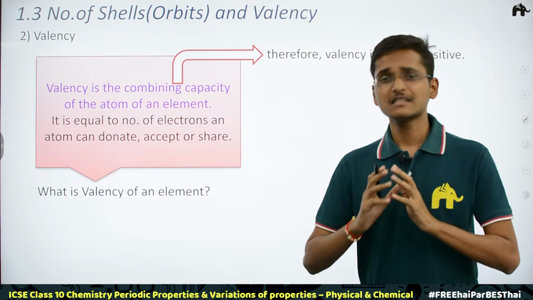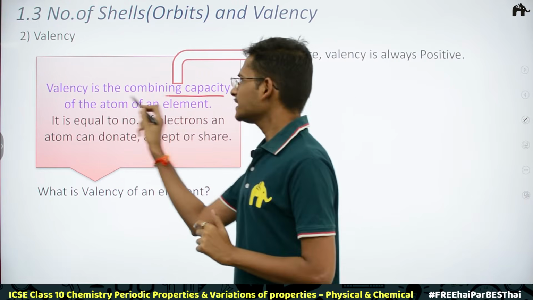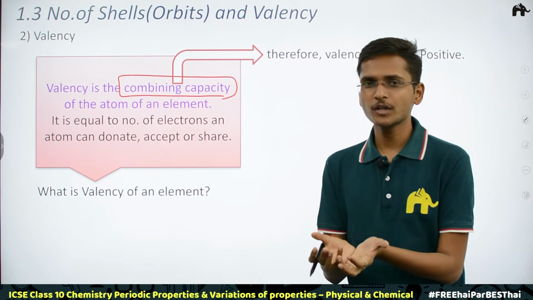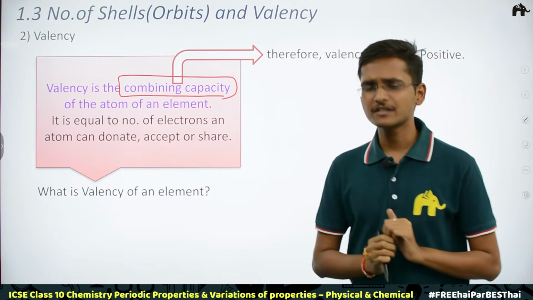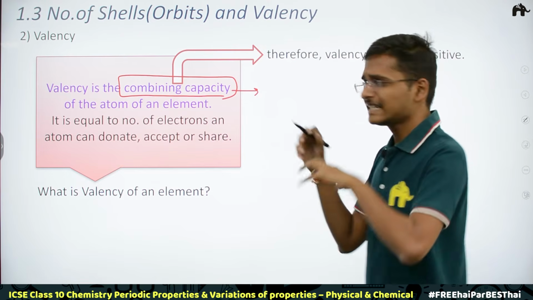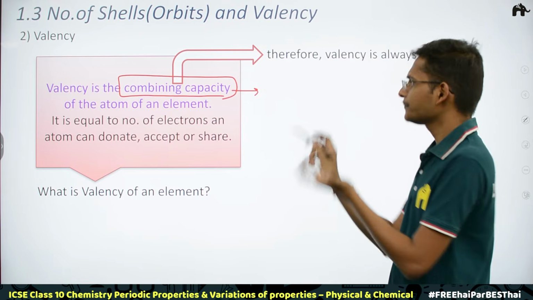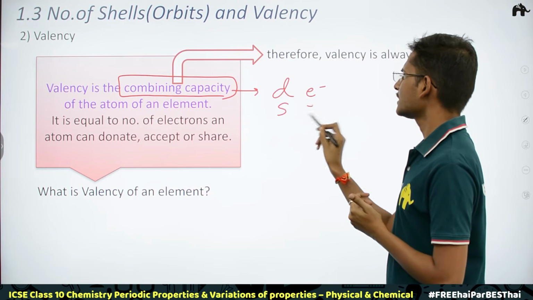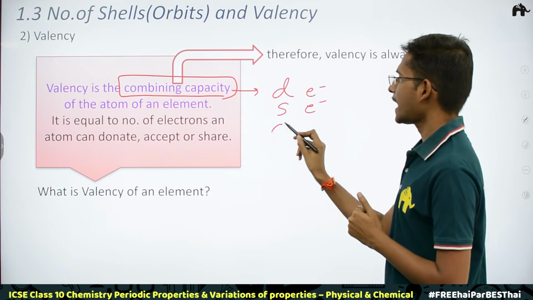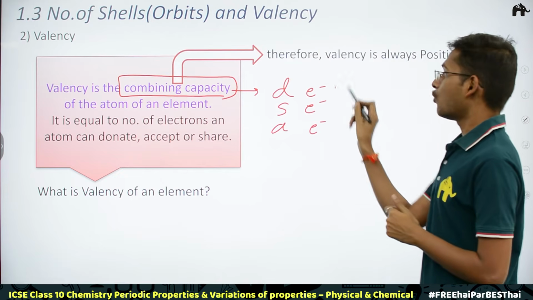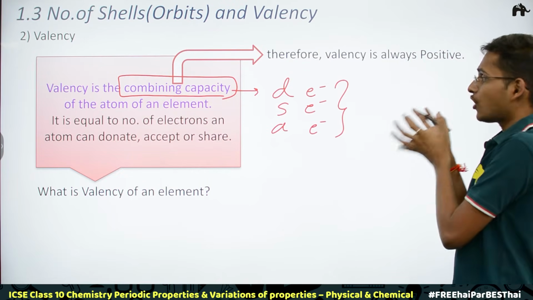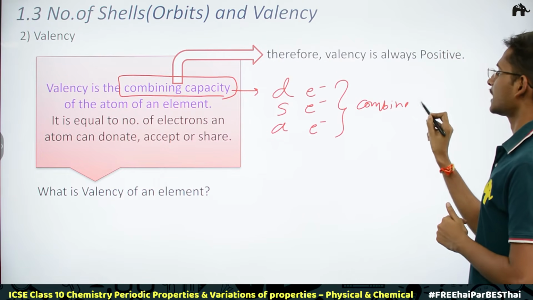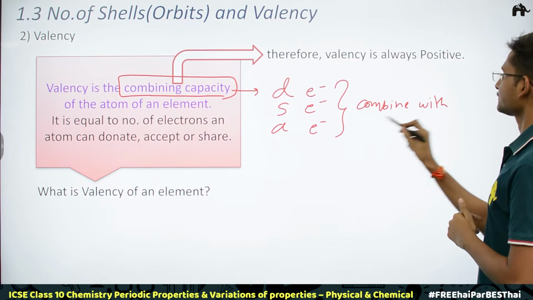Valency is simply the combining capacity of an atom of an element. Now what does this combining capacity mean? It's very simple. It's the capacity of an atom to donate electrons or share electrons or accept electrons, in order to combine with another atom.